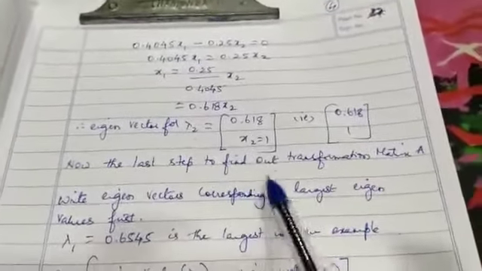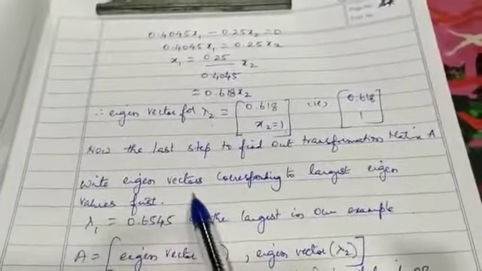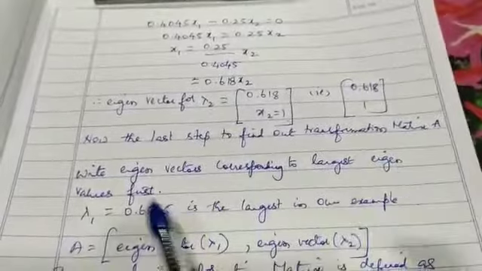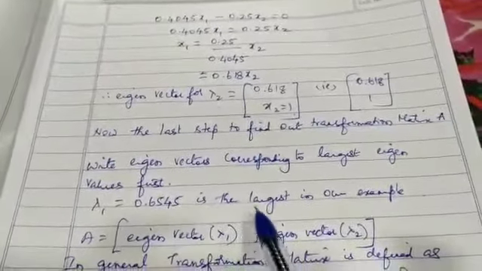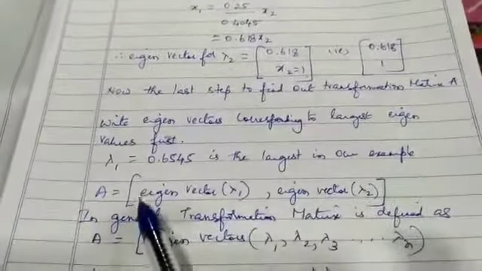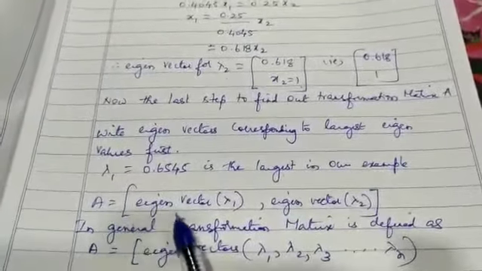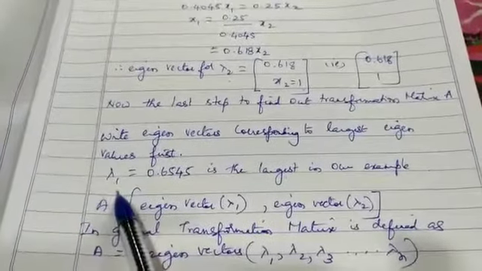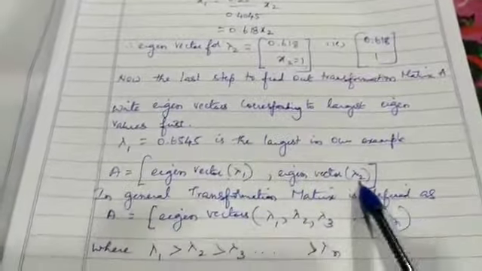Now the last step is to find the transformation matrix A. Write the eigenvectors corresponding to the largest eigenvalues first. Lambda 1 is equal to 0.6545, which is the largest in our example. So how to write the transformation matrix? Write the eigenvector of lambda 1 first as it is the highest value, and then the least value.